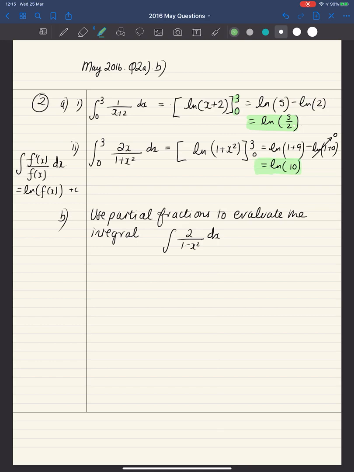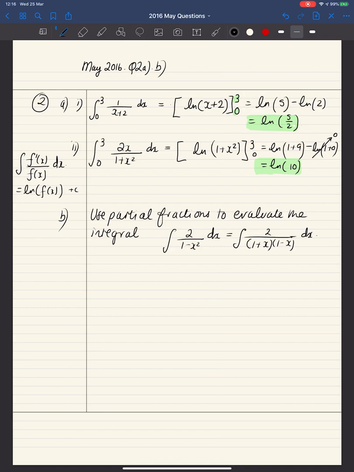Okay, so next one: use partial fractions to evaluate the integral of 2 over 1 minus x squared. First thing to know is it's the integral of 2 over 1 plus x times 1 minus x dx.